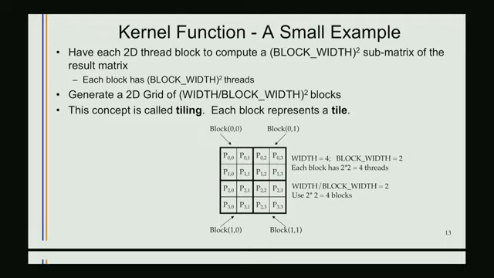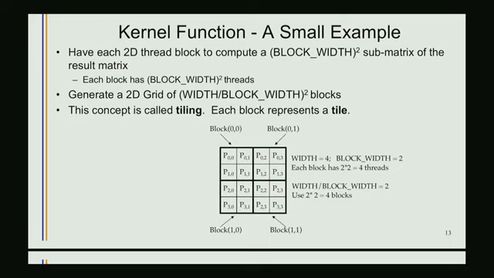So if my width is 4, so I've got 4 threads by 4 threads, 16 threads altogether, I could organize them as blocks of 4 threads. So I've got these 4 threads, these 4 threads, these 4 threads, these 4 threads, that constitute the full matrix multiply.